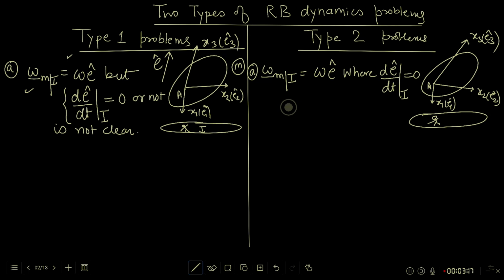It is not clear. And the moment you realize it is not clear, you should deem that problem as a type 1 problem. In contrast, type 2 problem will be such that you will be able to write omega mi as a scalar times E hat, and you also have the clear realization that this vector E hat, whatever it is, is not changing with respect to the I frame. dE/dt is 0.